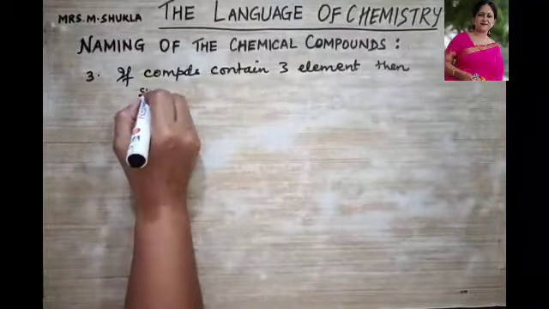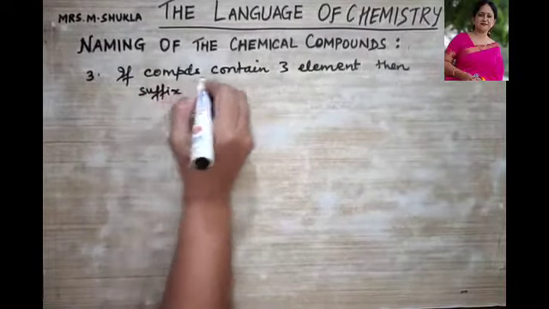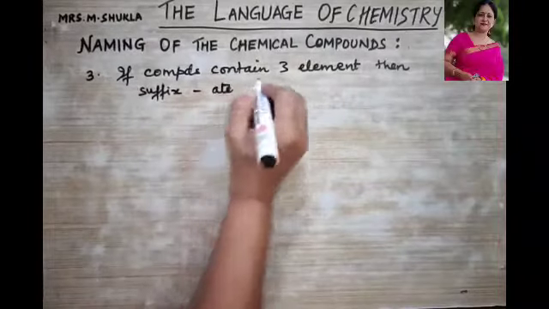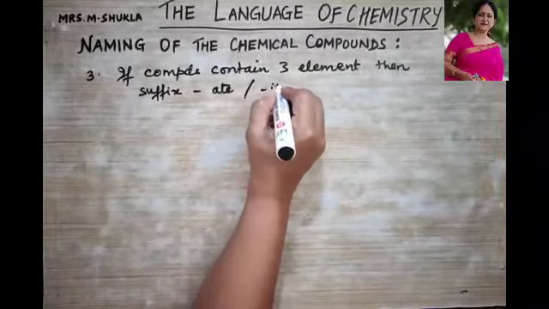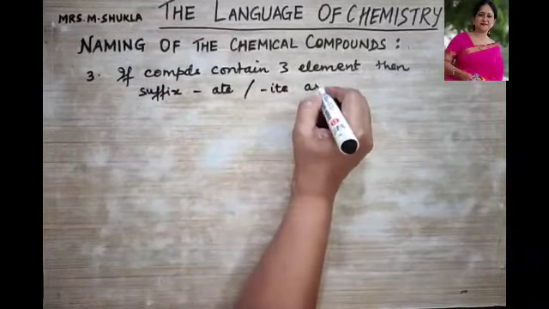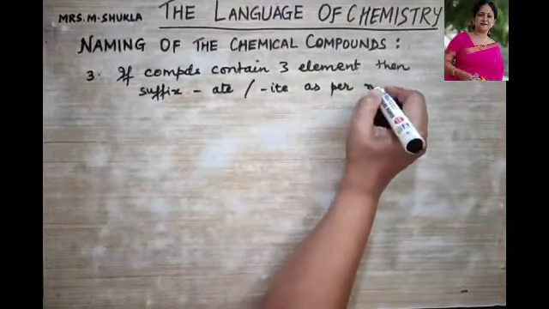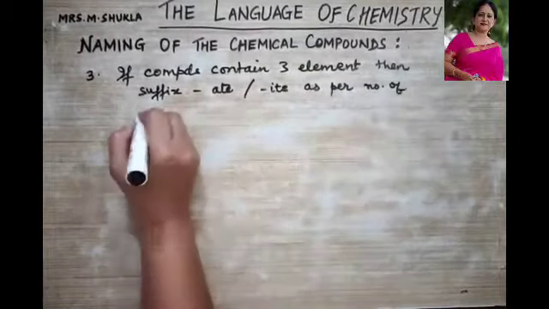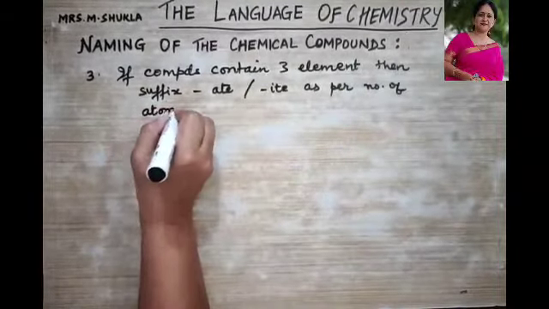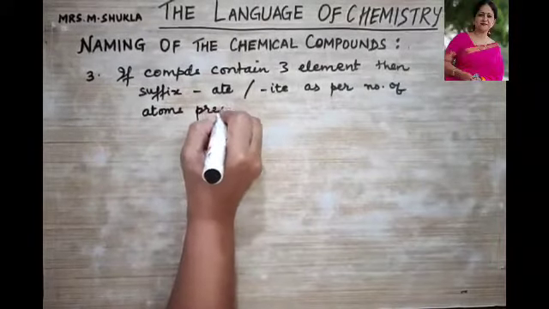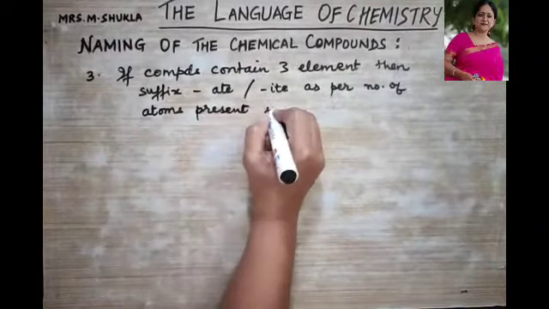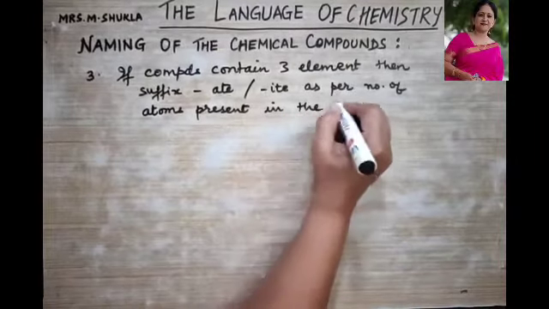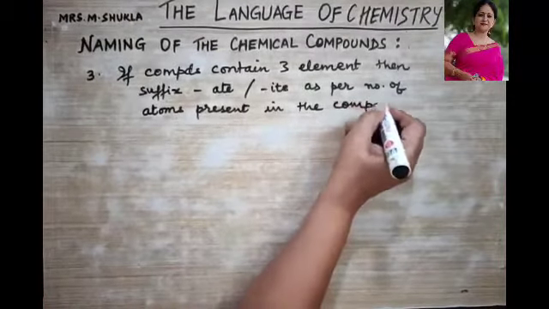Then suffix ate or suffix ite, as per the number of atoms present in the compound, have to be mentioned.